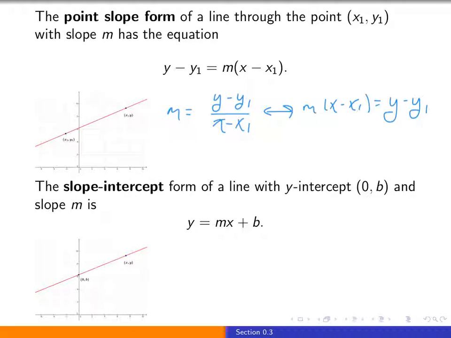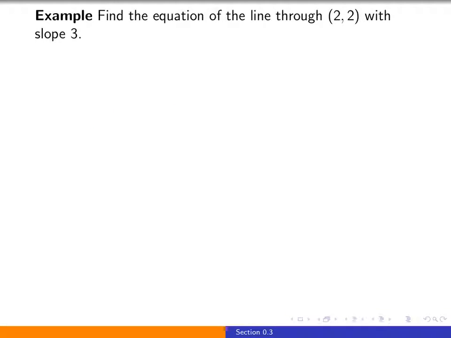So let's look at a few examples. Let's find the equation of the line through the point (2, 2) with slope 3. So in this case, we are going to use the point-slope form of a line because we have a point and a slope.